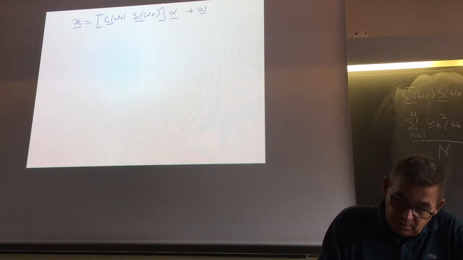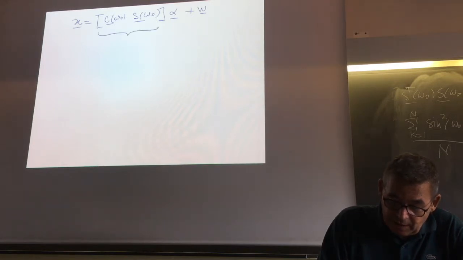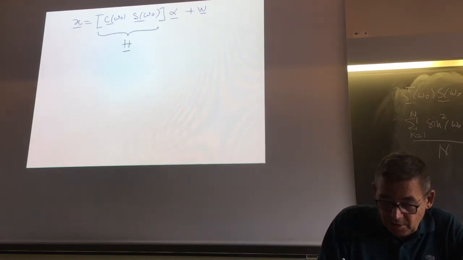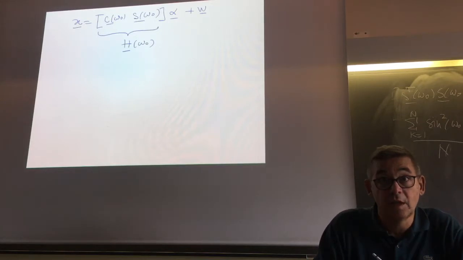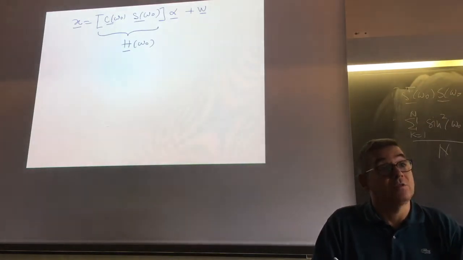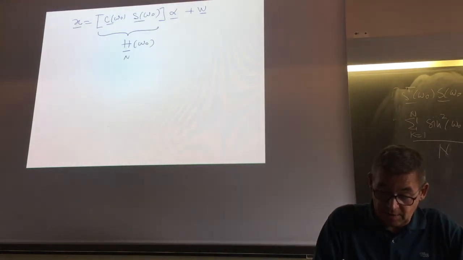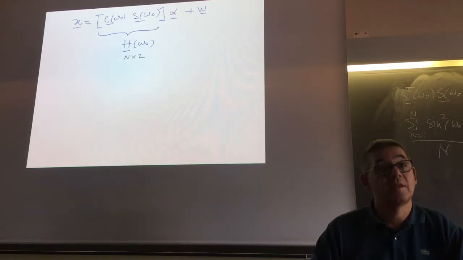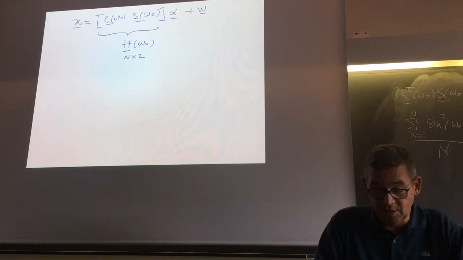Now, this is h, and this h depends on omega 0. That one is composed of two columns, so this is n times 2. Now, but my unknowns are here and here.